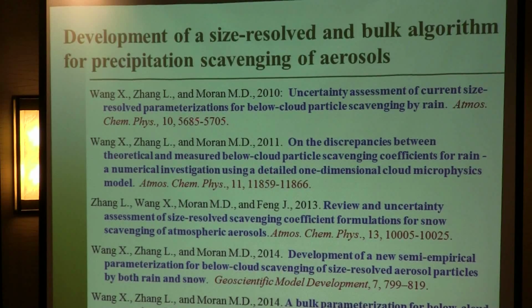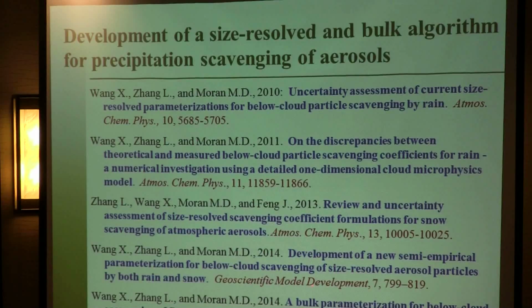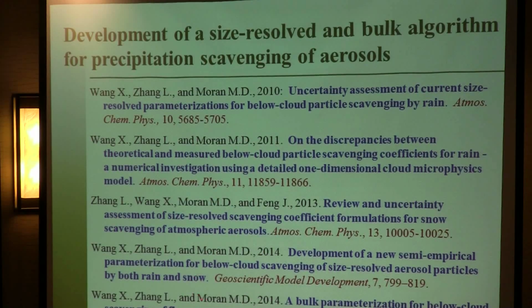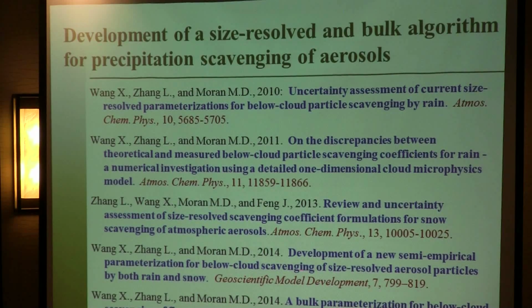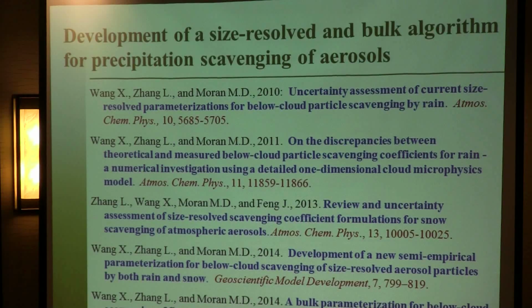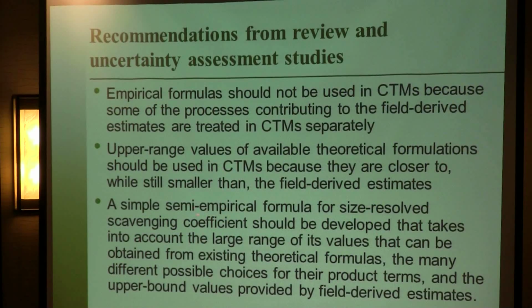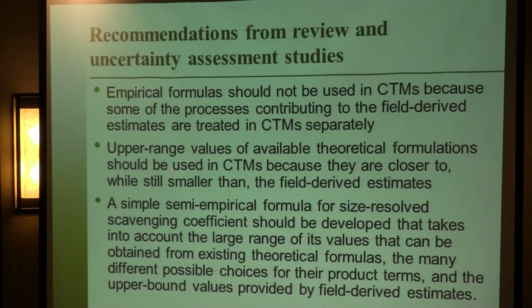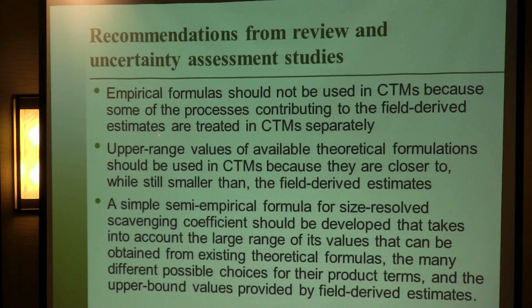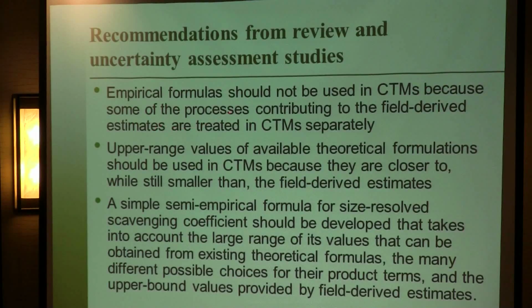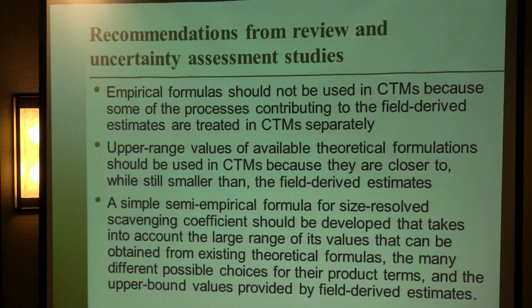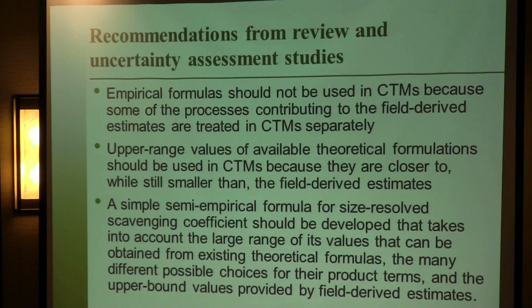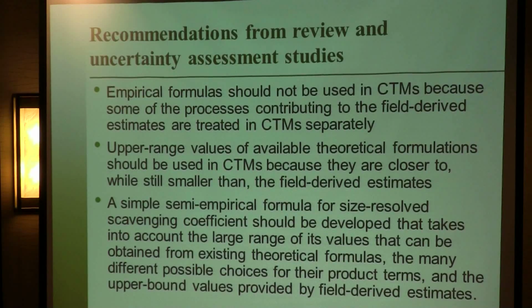Based on those results, we developed a new parameterization published in Geoscientific Model Development just a few months ago. We further extended this size-resolved model into the bulk version, and this paper is under revision. From the first three studies, we made the recommendation that the empirical formulas in some schemes are simply generated from the field data.